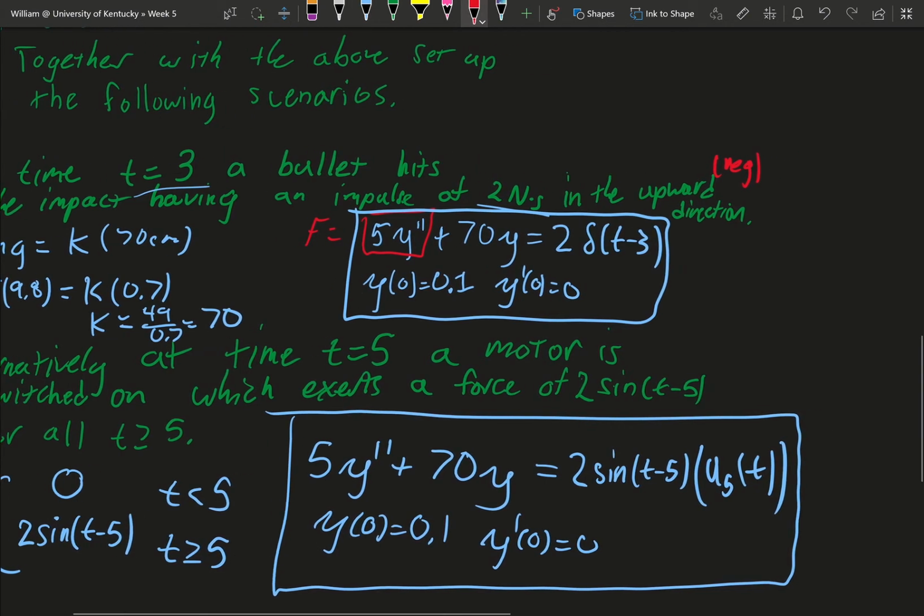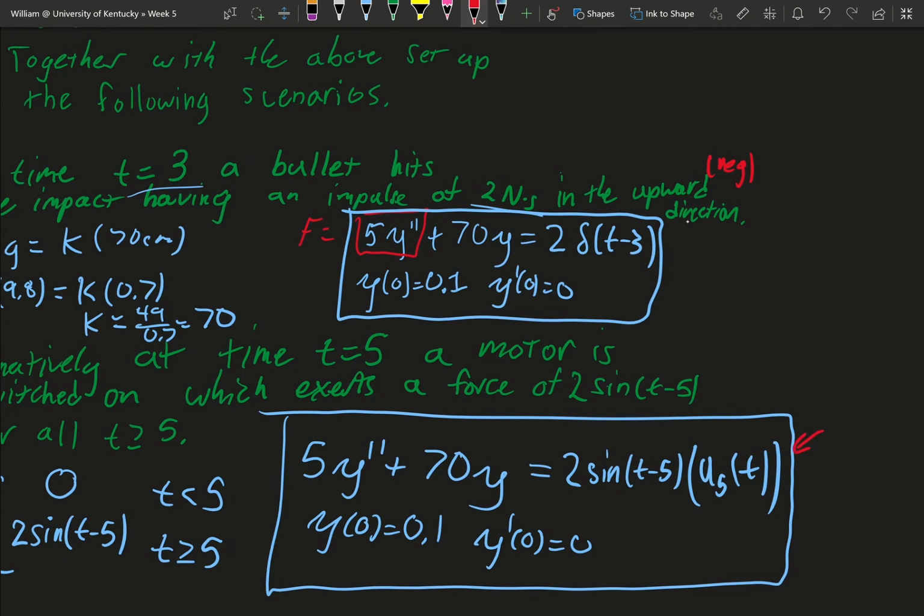This term makes the whole expression 0 if t is less than 5, but after that, we have the right value. That's why a Heaviside function is really useful for things like that.